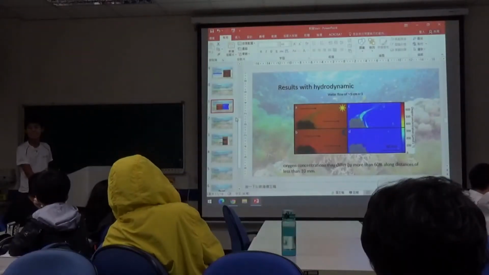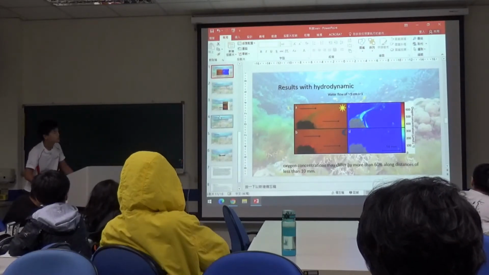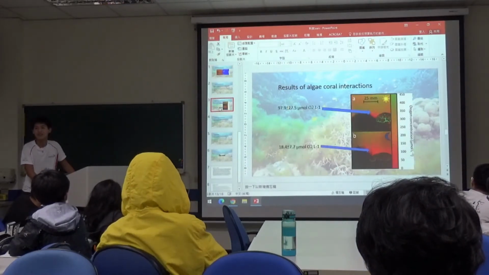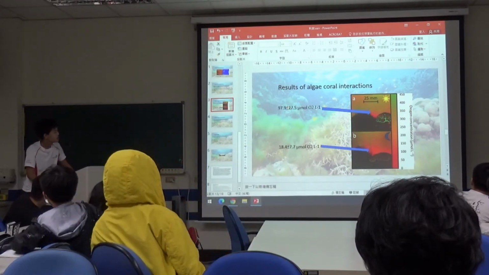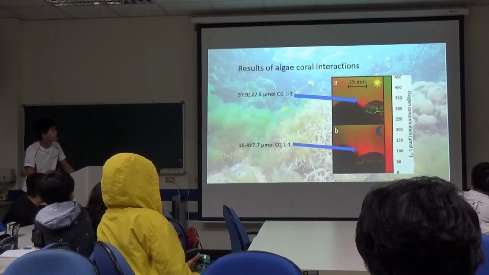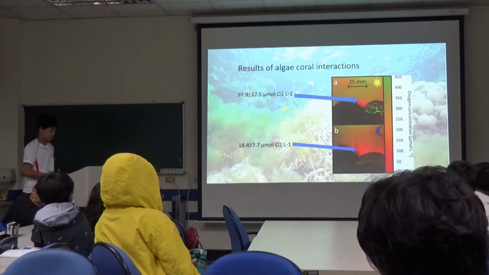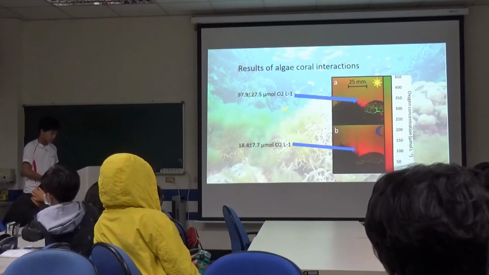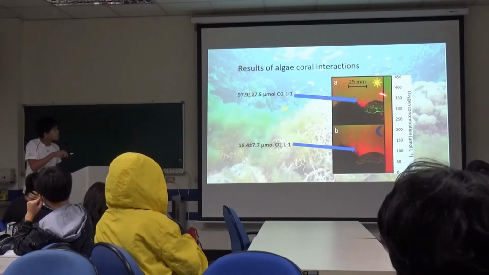Alisha, could you turn to the result? Could you explain why the green area becomes a high oxygen concentration? Why is there a hypoxia zone like here?